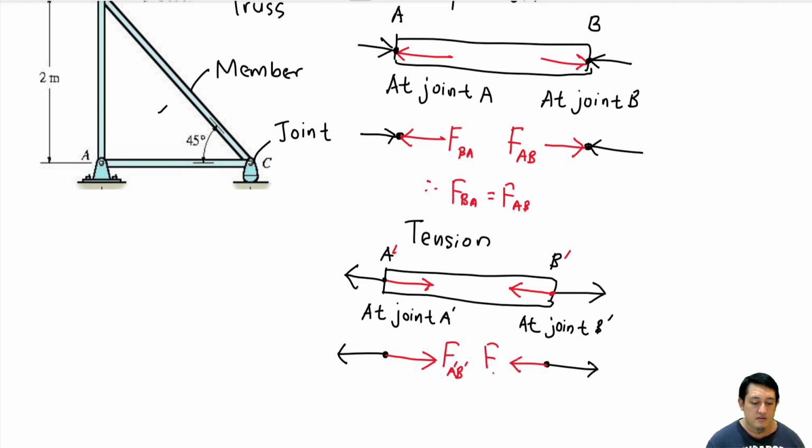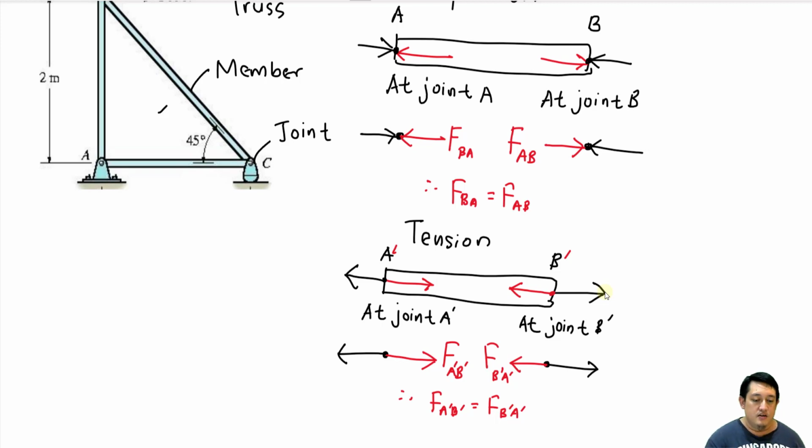So F_B'A', like this. As mentioned earlier, F_A'B' and F_B'A' have the same magnitude. So F_A'B' is equal to F_B'A'.